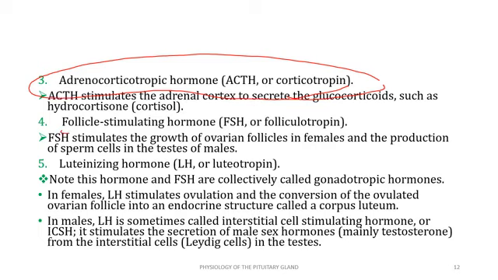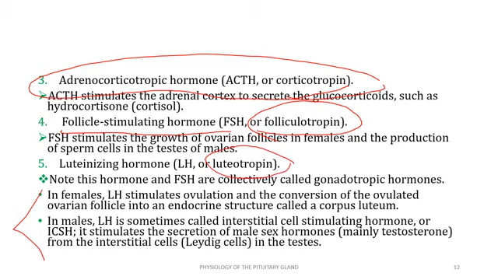We have also follicle stimulating hormone and the luteinizing hormone. Follicle stimulating hormone is known as follicotropin hormone, and the luteinizing hormone is known as luteotropin hormone. These are hormones which are responsible for egg formation and the reproductive cycle.